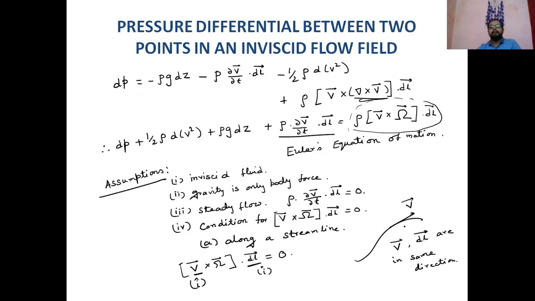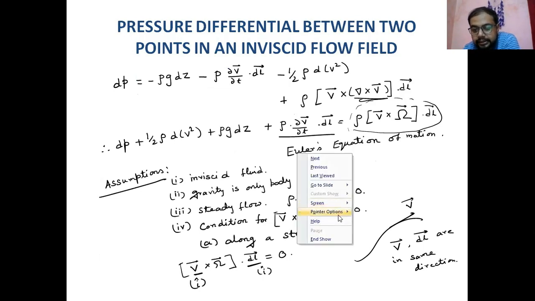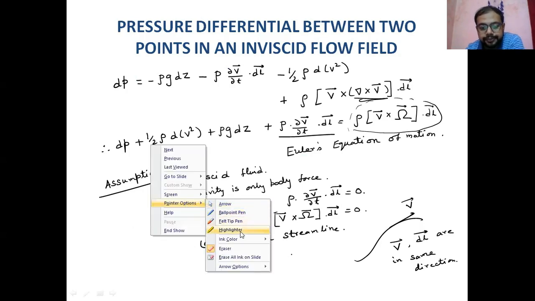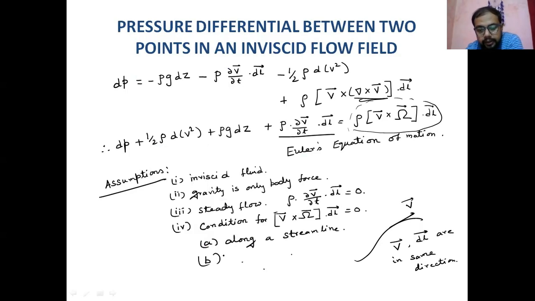So the first condition is along a streamline, and the second condition, I'm writing it down, for this part to become 0 will be irrotational flow.